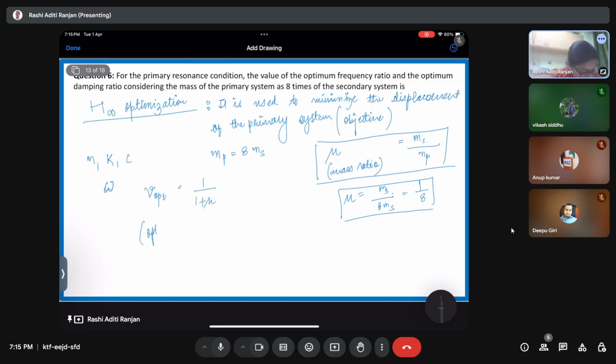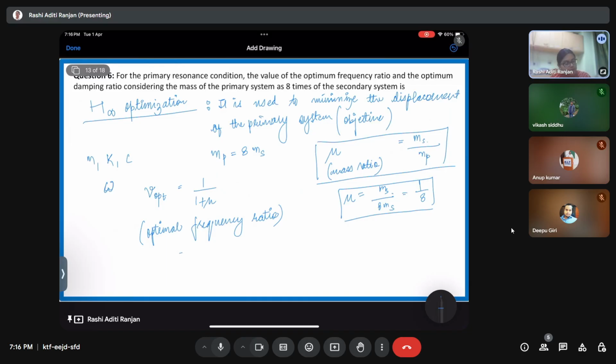This is the optimal frequency ratio, 1 by 1 plus mu. You see, it depends on the mass parameter basically, right? Mu.